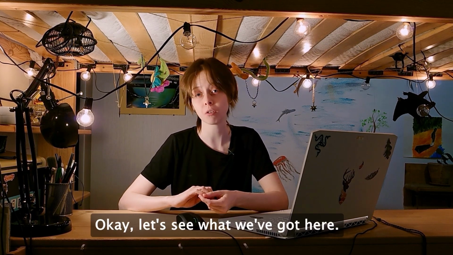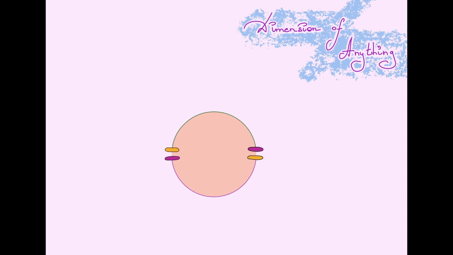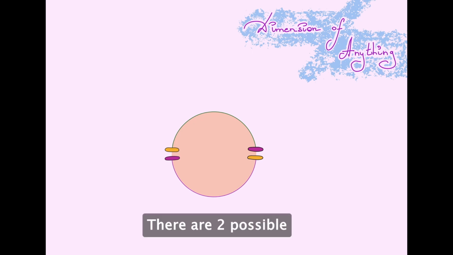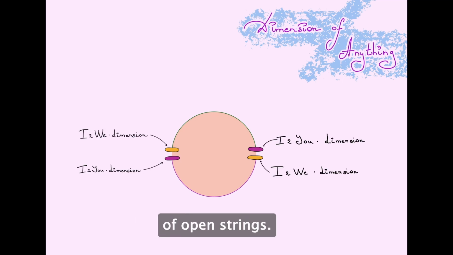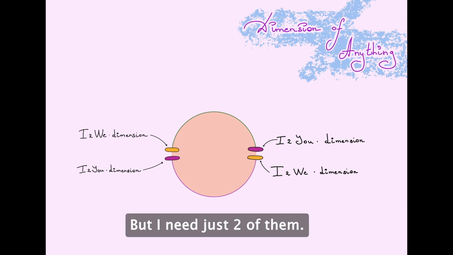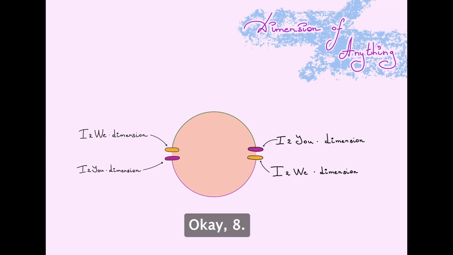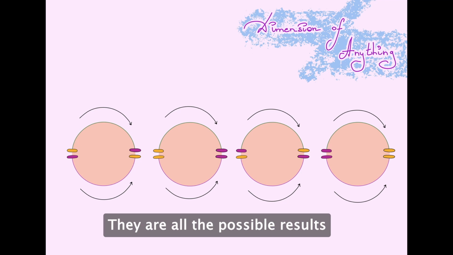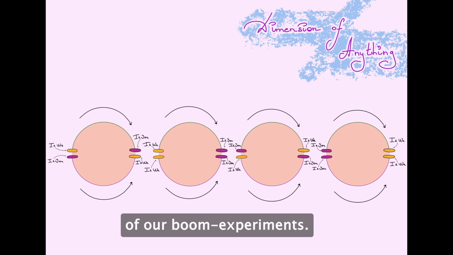Okay, let's see what we've got here. There are two possible open strings. Actually, endless possible pairs of open strings. But I need just two of them. Okay. They are all the possible results of our boom experiments.